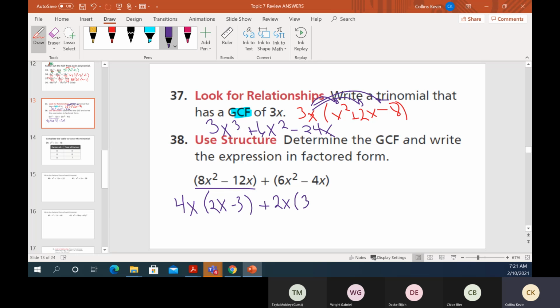We're going to have 3x, and for the other one, we'll have minus 2. Okay, so you can factor like that, or you can add them together and then factor. Just depends. But that's what they asked us to do here: determine the GCF, write the expression in factored form. There you go. Questions? Pretty simple, right?